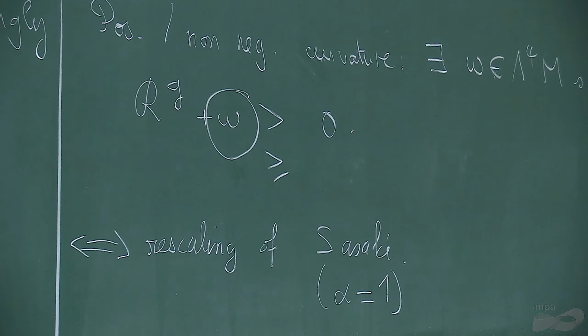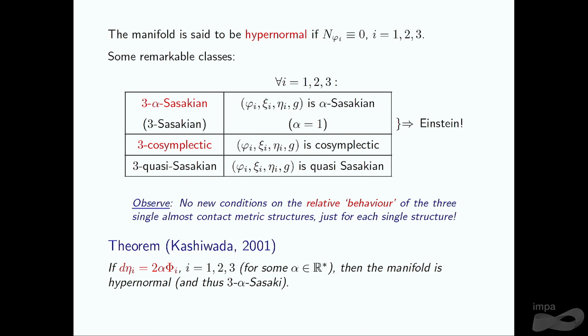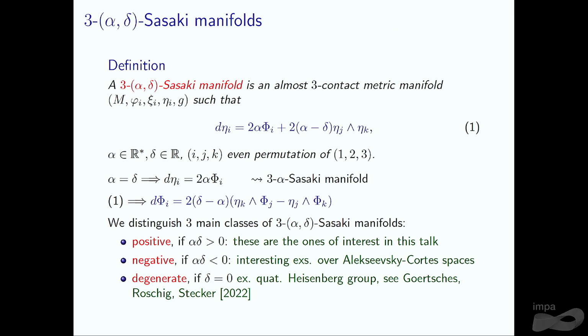Okay, so the classical picture was to look at these three almost contact structures separately, and Kashiwara's theorem told you that whenever you are in this situation, then your manifold is automatically hypernormal and therefore free alpha Sasaki. Good.